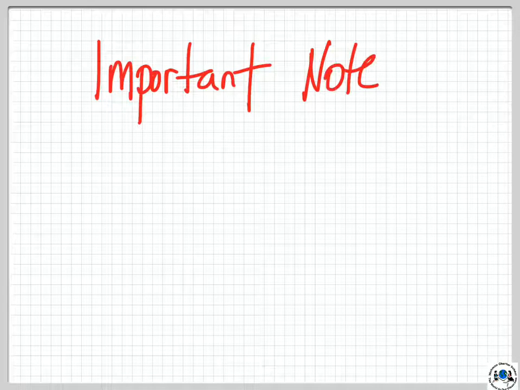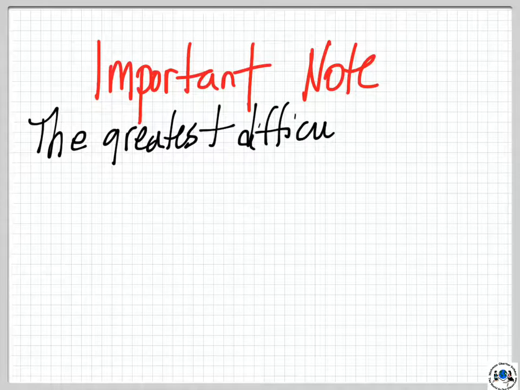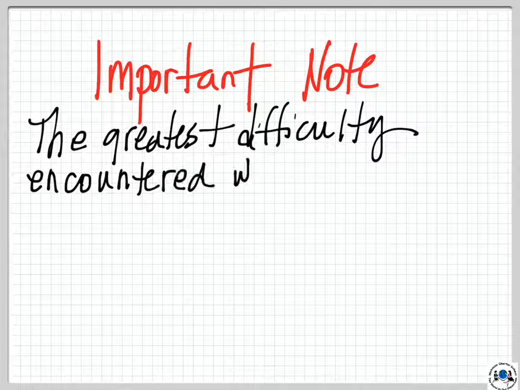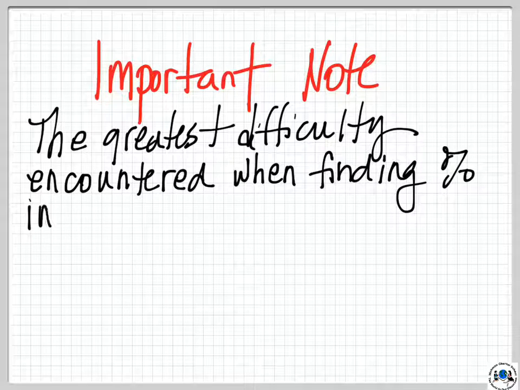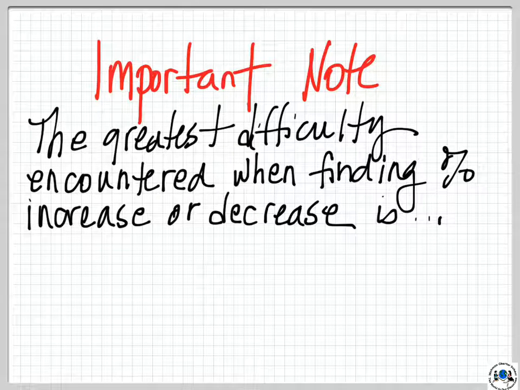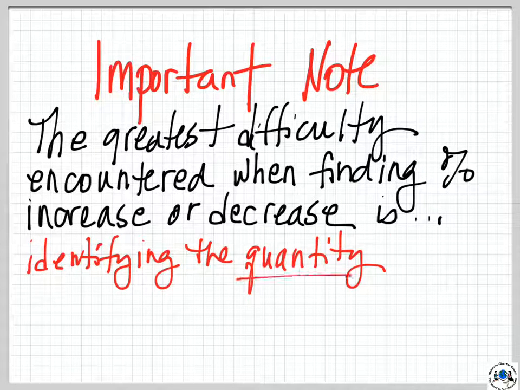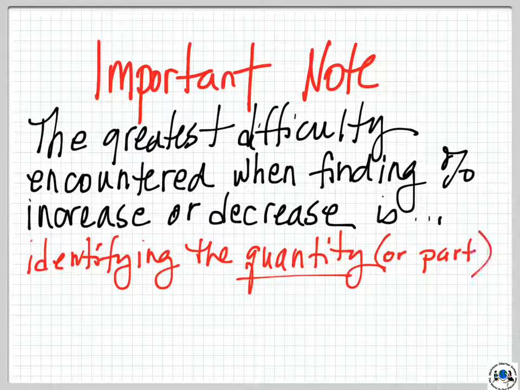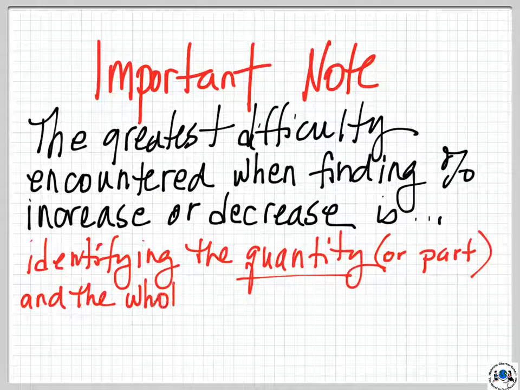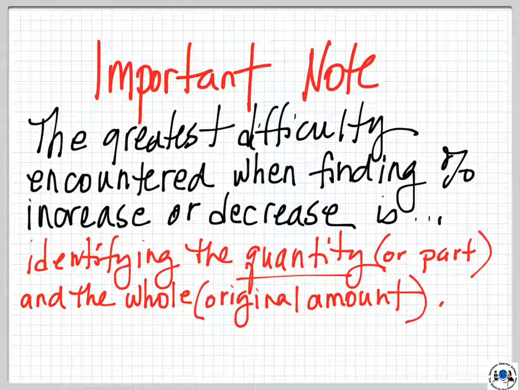All right, so here's an important note just in between parts here. The greatest difficulty encountered when finding percent increase or decrease is identifying the quantity or part, as well as identifying the whole or the original amount.